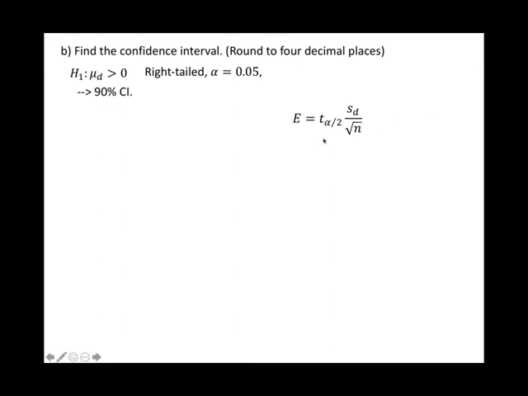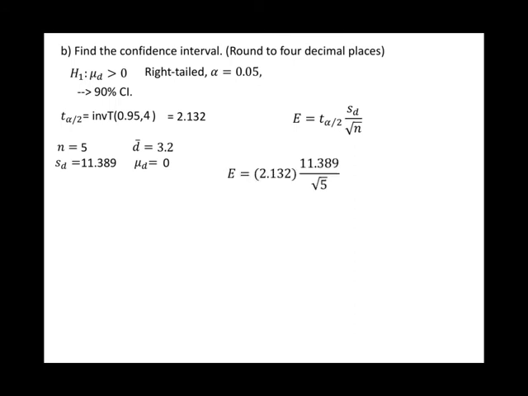Now figure out your critical value. Degrees of freedom equal to 4. You should get 2.132. Okay, plug into the formula.